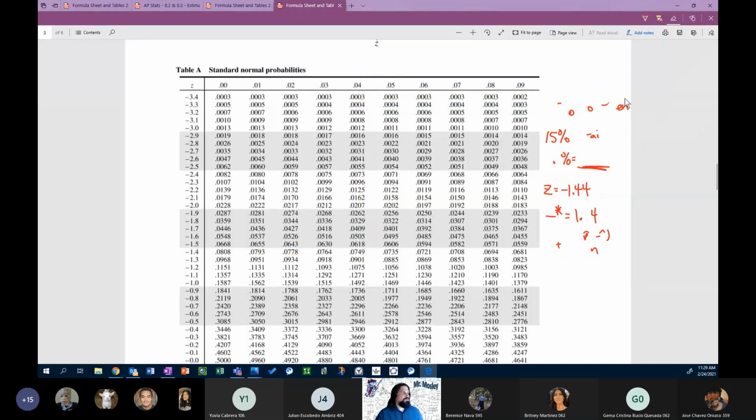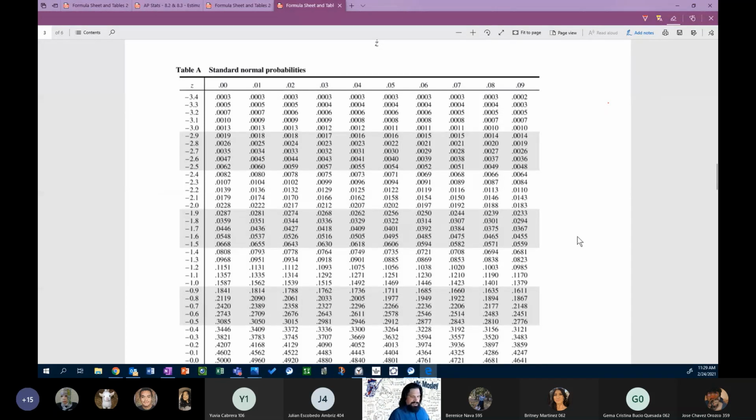Here's my Table A. When we're finding z-star, we're almost always going to use the negative side of Table A, our negative z-scores, and that's because they give us that left-hand tail. The z-star is related to the tails of our standard normal curve.